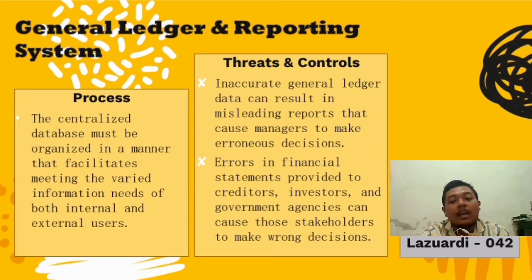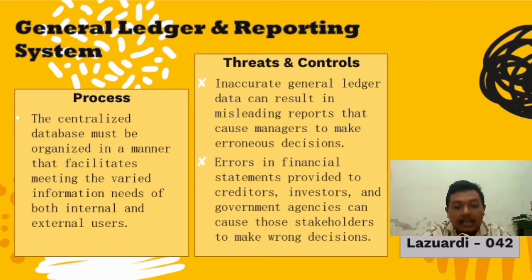Inaccurate general ledger data can result in misleading reports that cause managers to make erroneous decisions. If there is inaccurate data, the financial statement will have wrong information and it will mislead the decision makers in making decisions for the company.